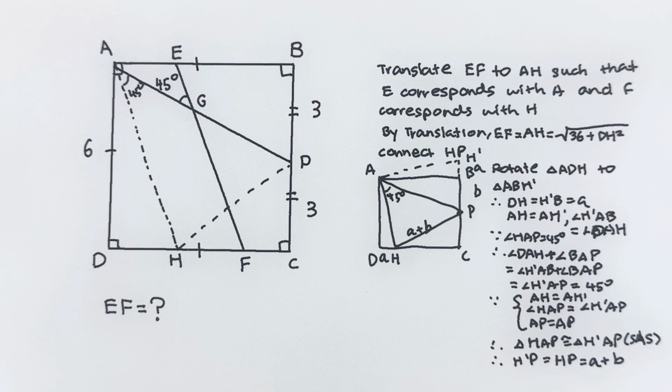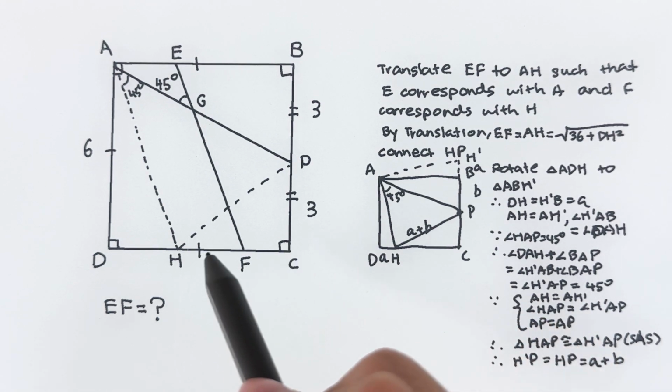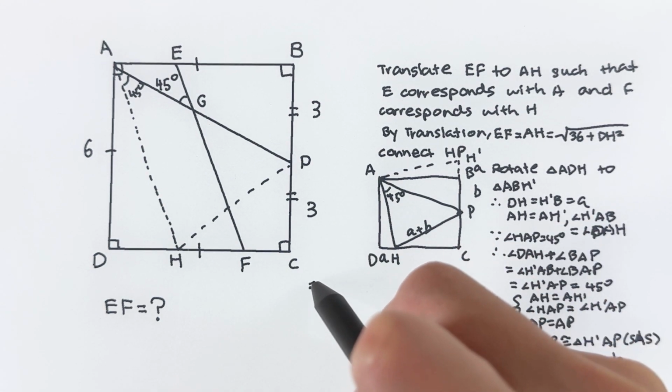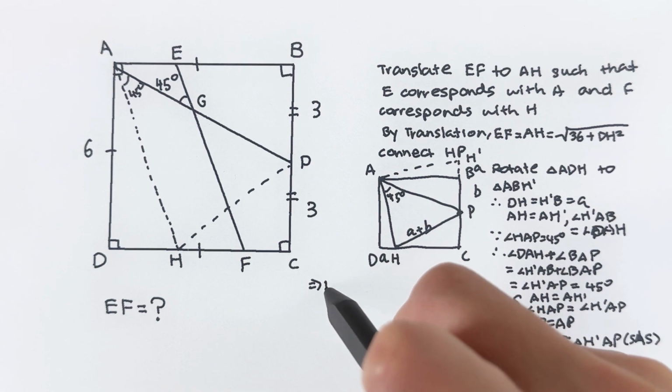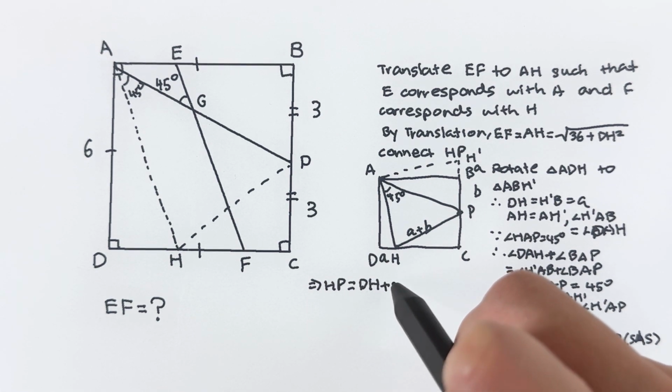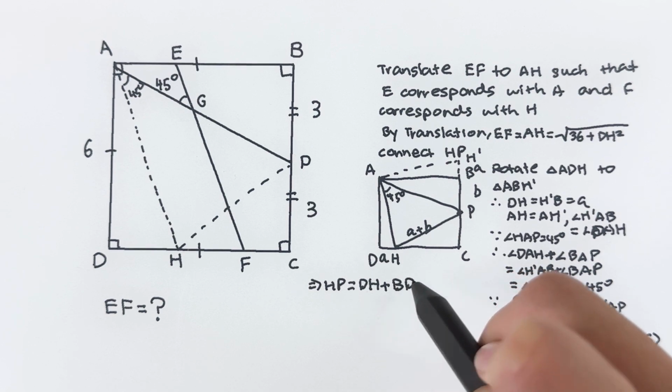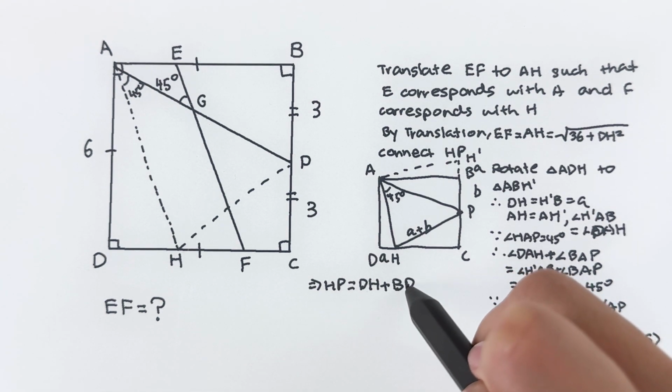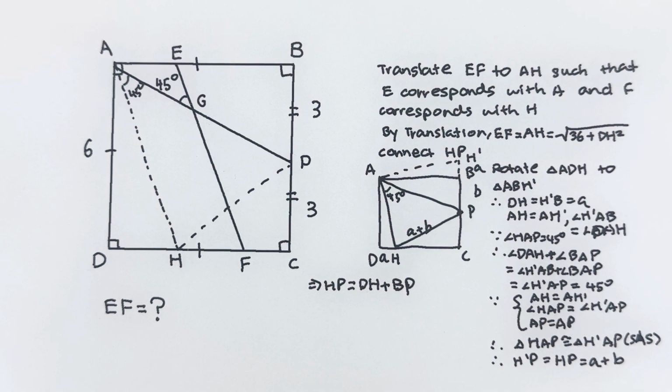Now that we know HP equals a plus b, in this figure HP will be equal to DH plus BP. And our goal is to find the length of DH.